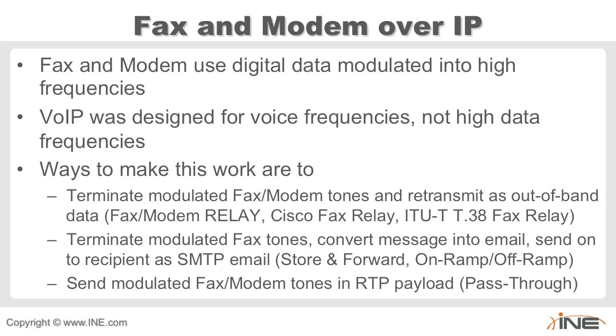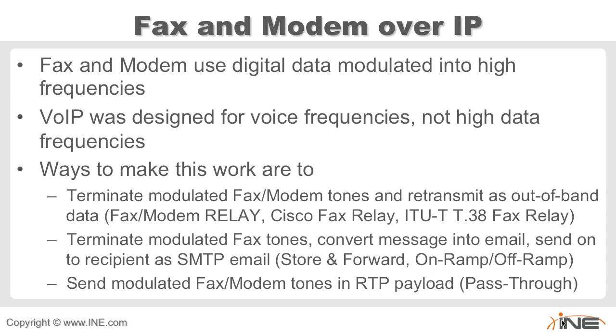Another way is to terminate the modulated fax tones, convert the messages into email, and send them to a recipient via SMTP. This is known as a store and forward solution, also called an on-ramp or off-ramp solution. Another way yet is to send those modulated tones in the actual sampled codec.